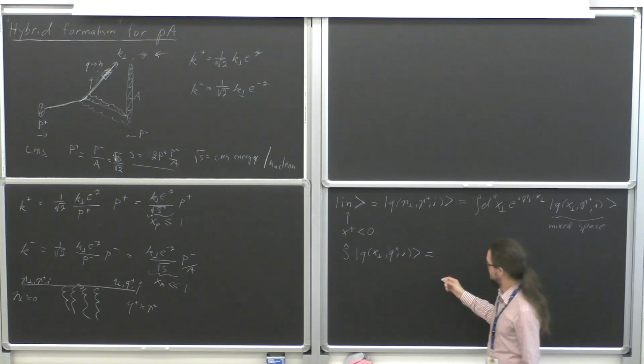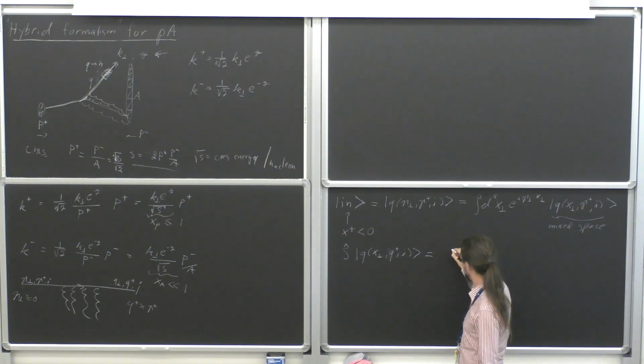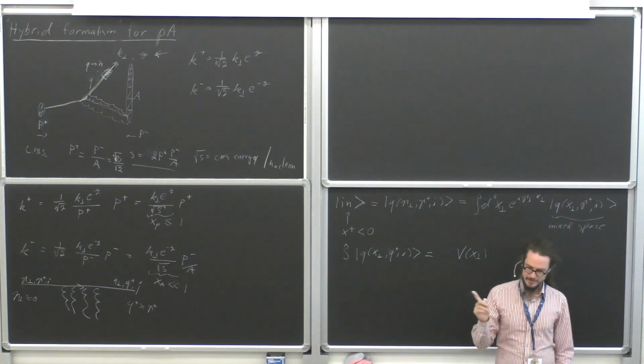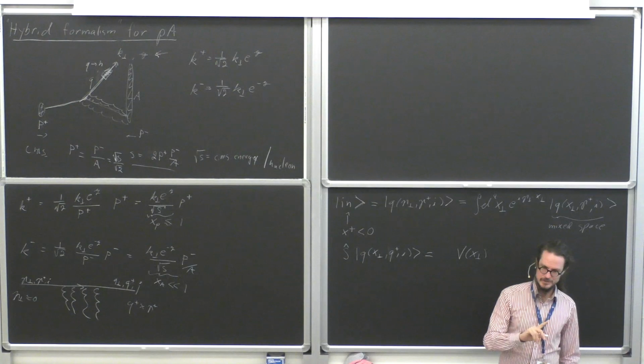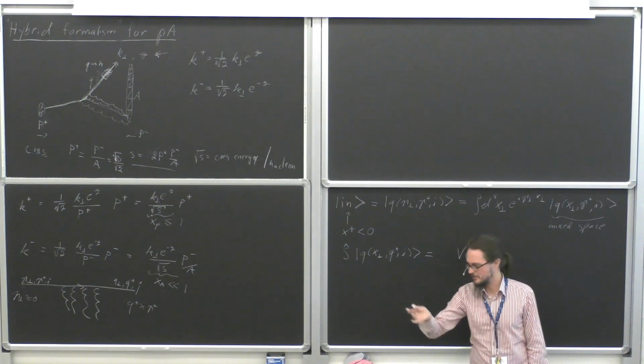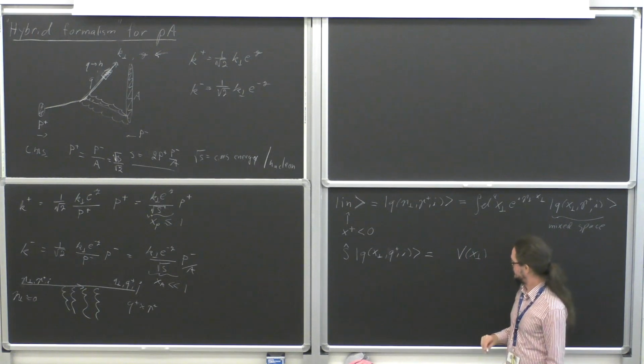So we remember that the result of the scattering is just a Wilson line. We are integrating over x plus, and the field does not depend on x minus, so it only depends on the transverse coordinate.